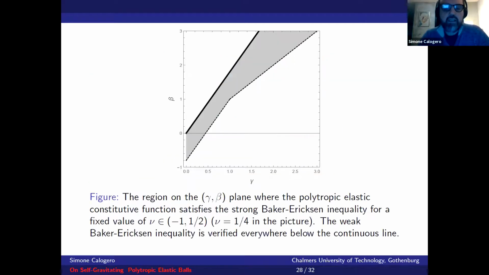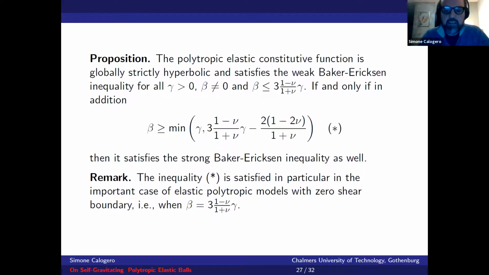Okay, so this is the region in the gamma and beta plane where this is satisfied. This continuous line is defined by this equation here. It's the line where, if I choose the parameters on this line, the shear at the boundary of the elastic ball is 0.